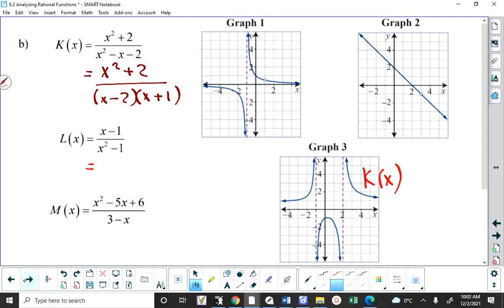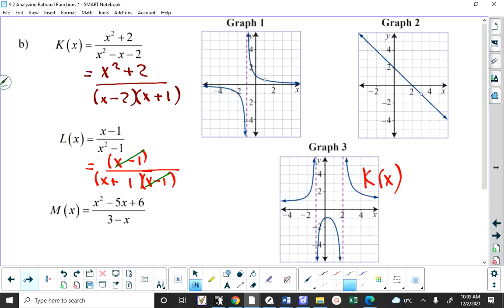L of x factors into x minus 1 over x plus 1, x minus 1. We have an identical factor on the top and the bottom that cancels. So we have one factor that cancels and we have one that doesn't, which means you have a hole and an asymptote.